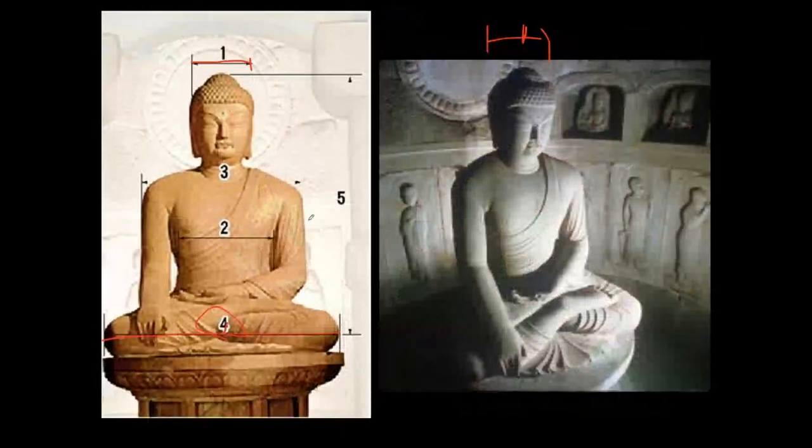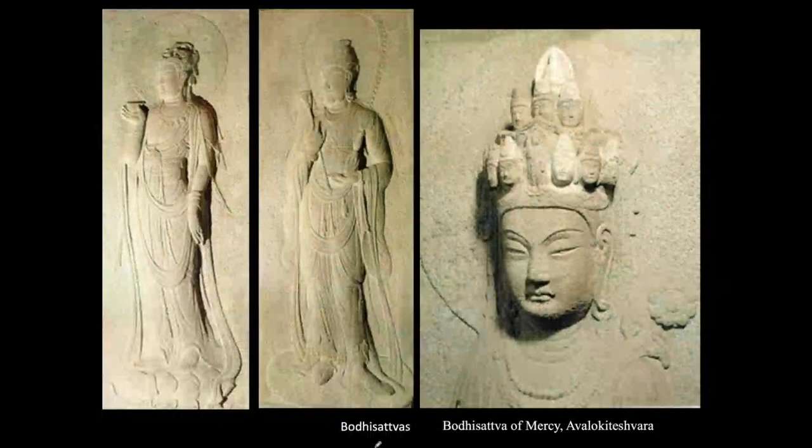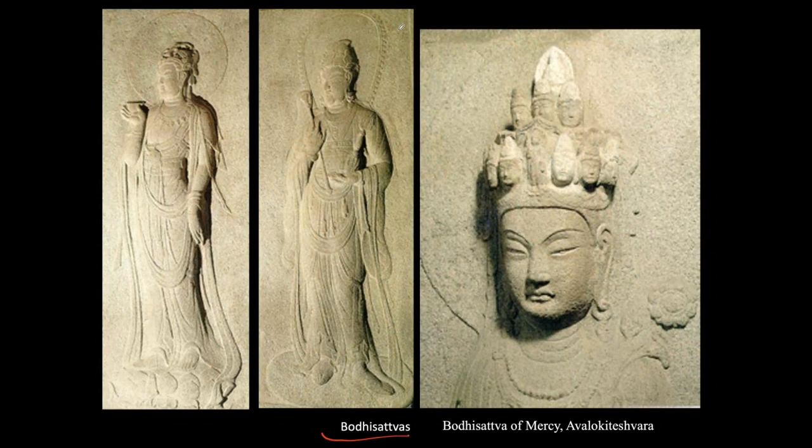So the main statue is carved as a 3-dimensional sculpture, but the other 10 disciples, students of Shakyamuni, or bodhisattvas, are carved as relief. Do you know the relief? That is 2-dimensional carved images.